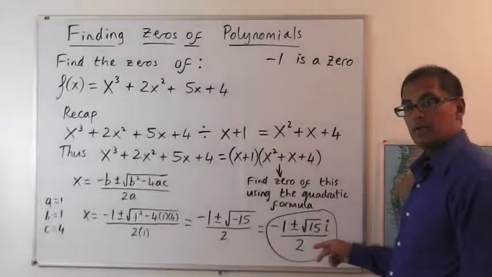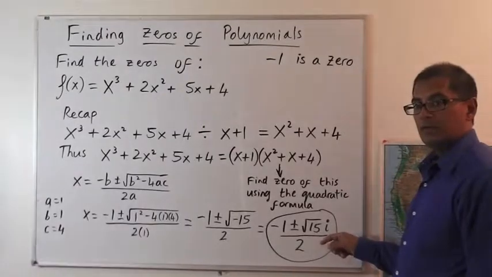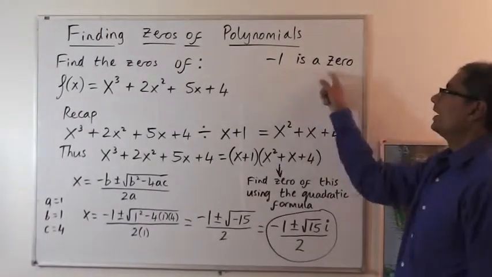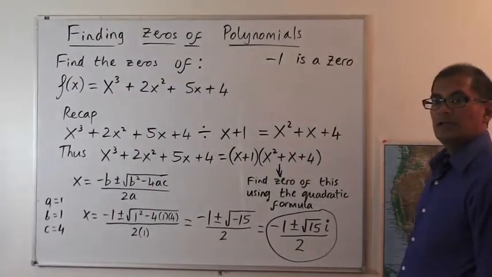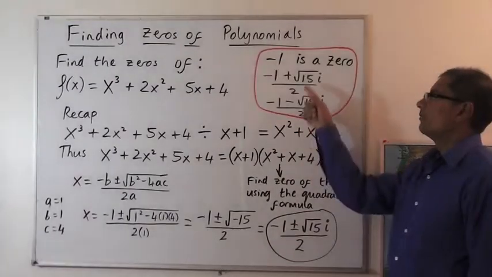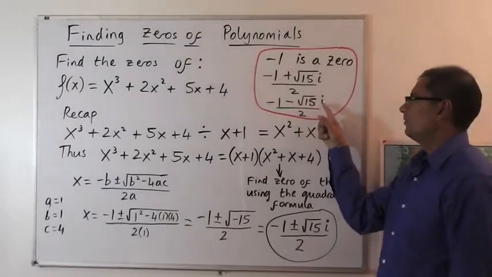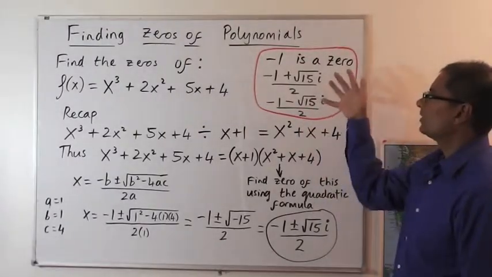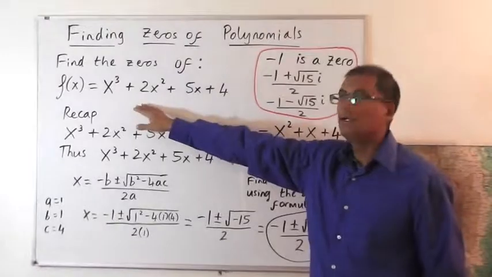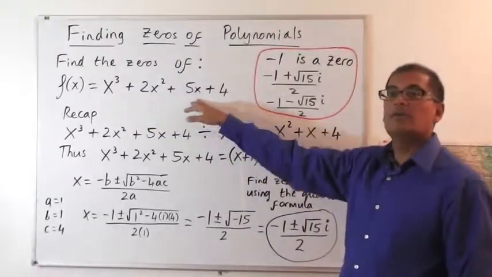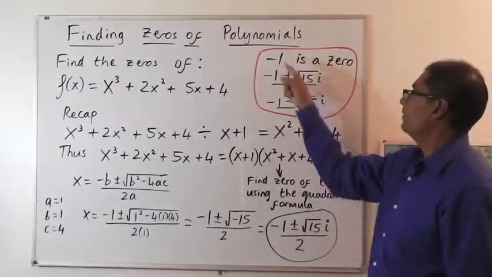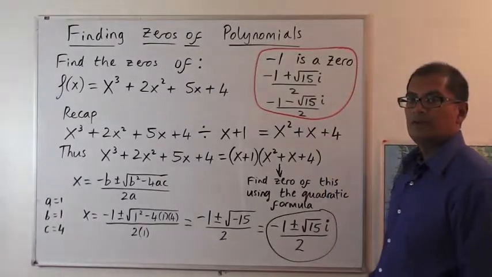So there are our two imaginary zeros. So what are our zeros? Well, negative 1 is one of the zeros, and the other two zeros are negative 1 plus root 15 i over 2 and negative 1 minus root 15 i over 2. So these are the three zeros of our polynomial x cubed plus 2x squared plus 5x plus 4, and we have one real zero and these two imaginary zeros.